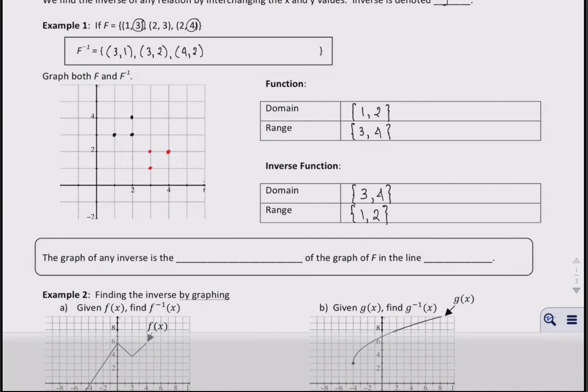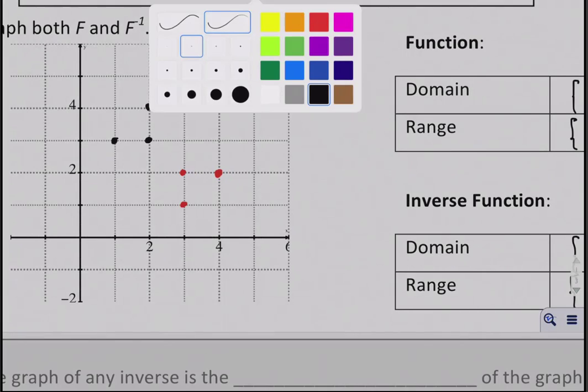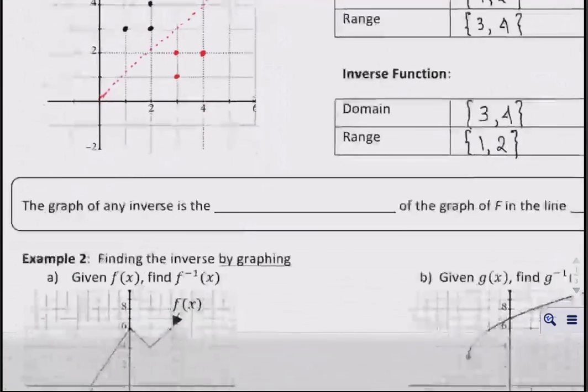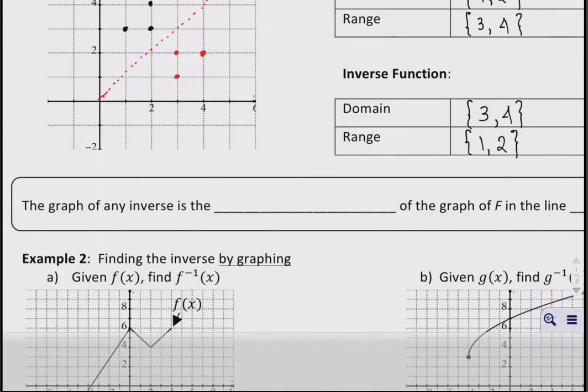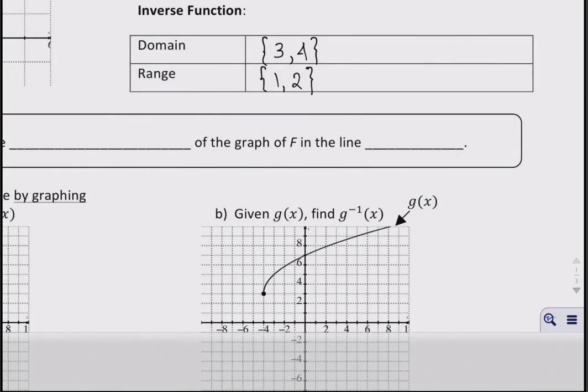In terms of the graph, if I draw a line on a 45-degree angle through 0, what I get is a visual representation of what the inverse looks like. It's a reflection in the line y equals x.